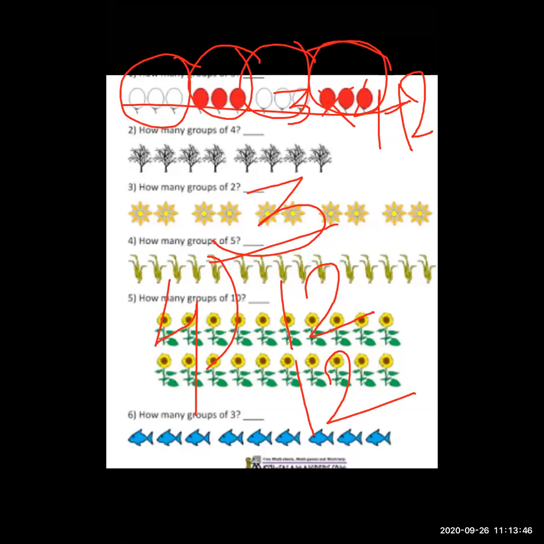Yes or no? Yes, very good. In the table of 4, 12 comes at position 3. So that's why the correct answer is 12 divided by 4. That means 4 into 3.